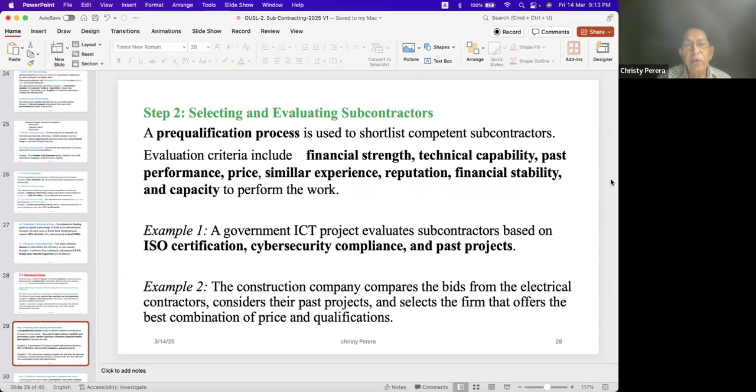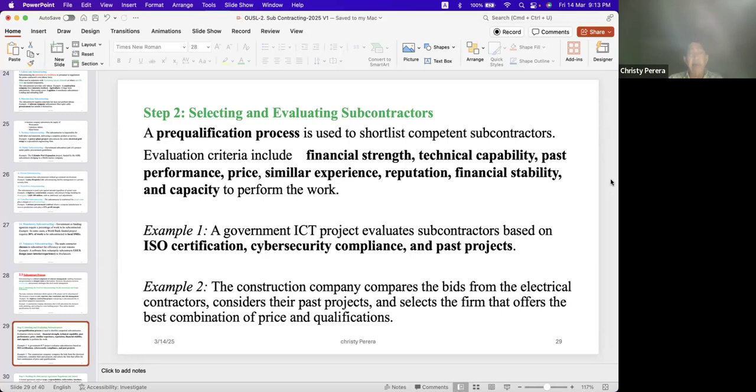Second step, procurement of subcontractors, or selection and evaluation. You will have to advertise, evaluate, and then select. Or do the pre-qualification process, then shortlist, then do the selection.